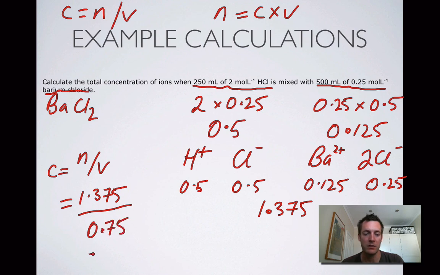Let's just quickly plug those numbers into the calculator, see what they are. 1.375 divided by 0.75, and that's 1.83 moles per litre. Okay, so two different types of calculation there. One slightly simpler one where we're given a bit more information. This one here where we've got to actually find some things out for ourselves using the formulas that we've started to look at.